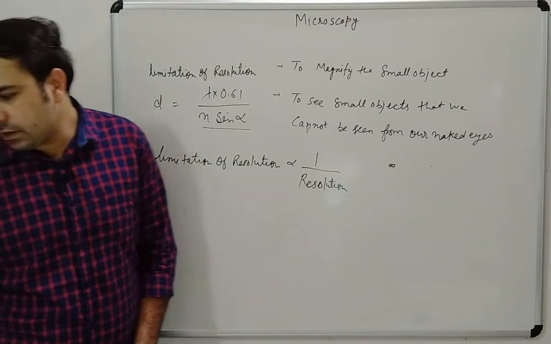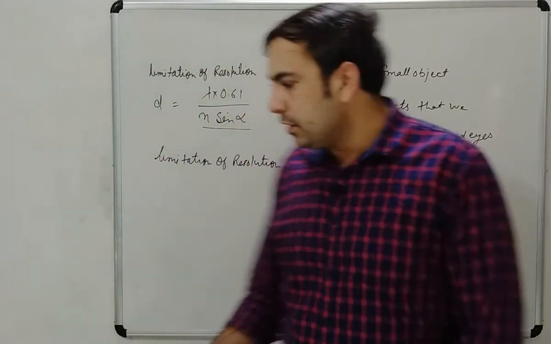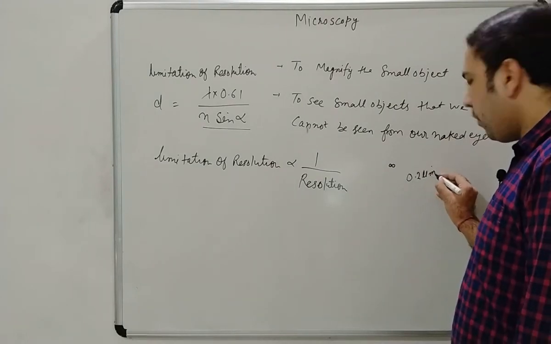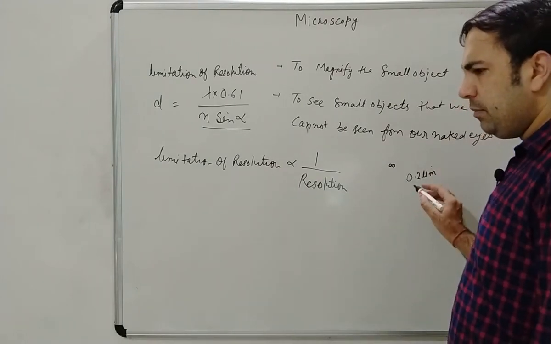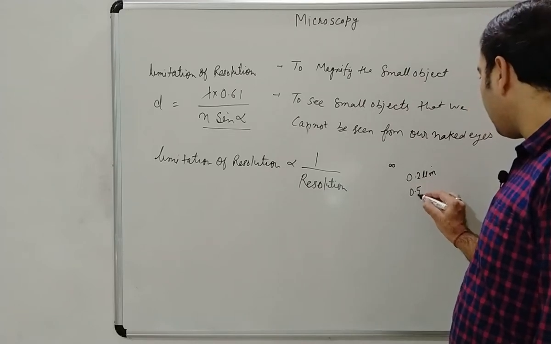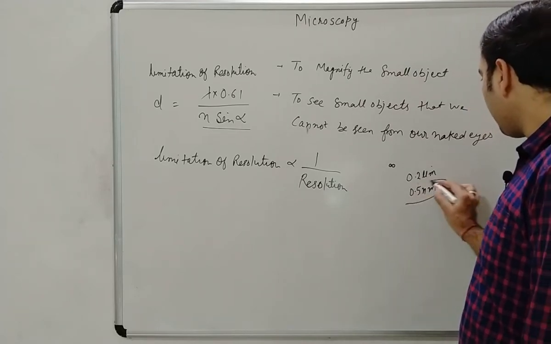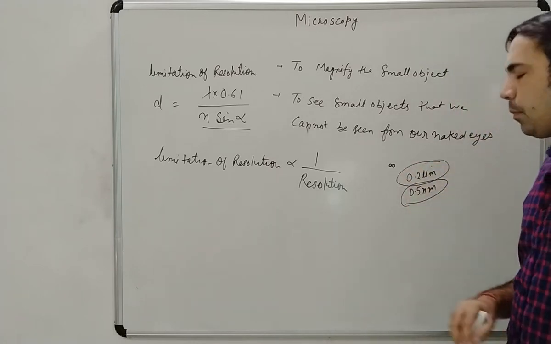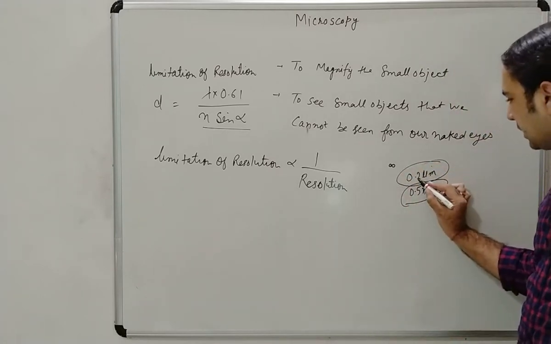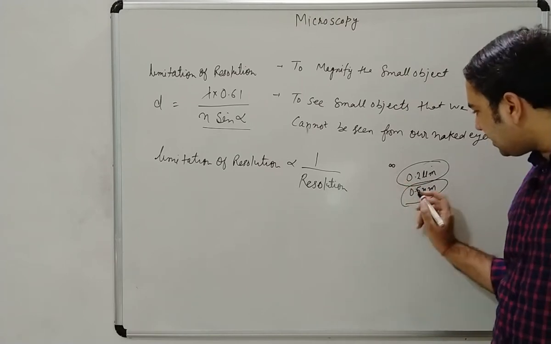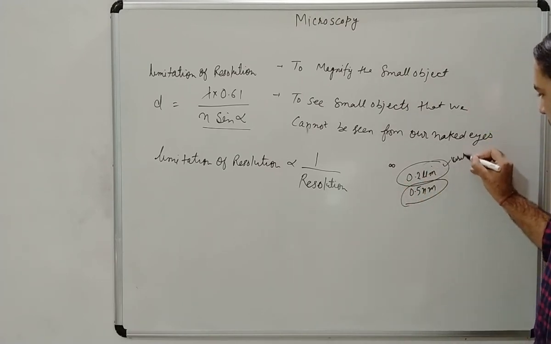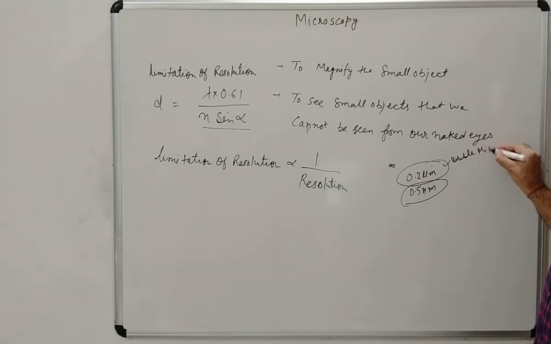Like this, light microscopy can measure 0.2 micrometer, and even less, 0.9 micrometer. With electron microscopy you can see 0.5 nanometer, but with optical microscopy you can see 0.2 micrometer. If the distance between two particles is more than 0.2 micrometer, we can see it by visible microscopy.